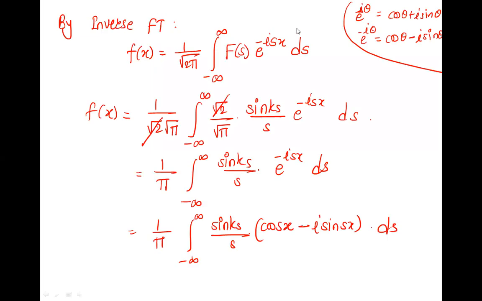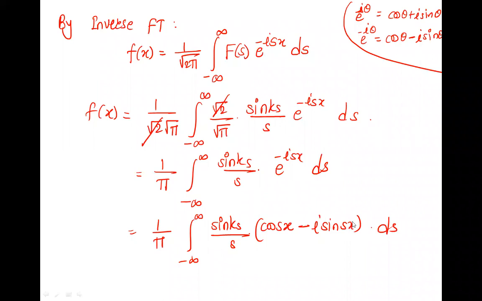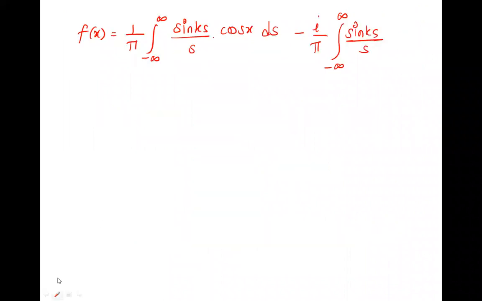Then minus I by pi, only constants we can take out, integration minus infinity to infinity sine ks upon s into sine sx ds.